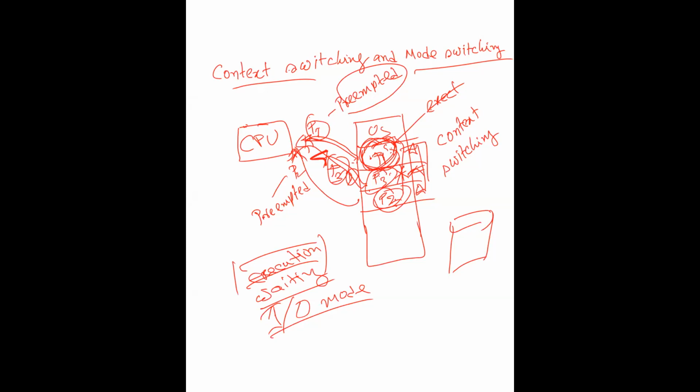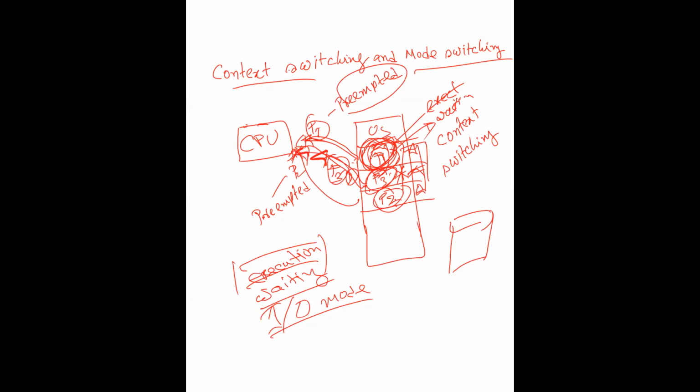So it can be in execution mode, and then P3 comes to the RAM and its priority is higher than P1. So P1 will be preempted by the CPU, and P3 will be executed by the CPU, and the P1 state is now waiting.